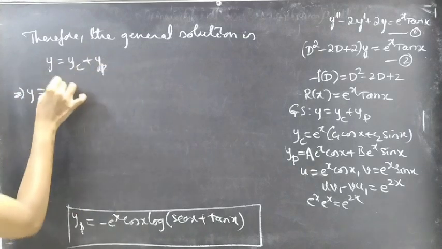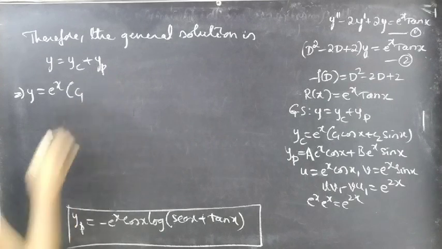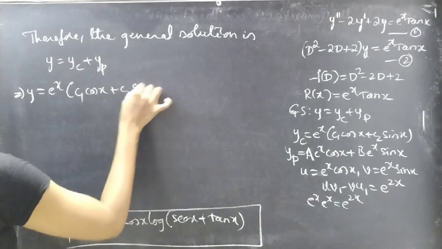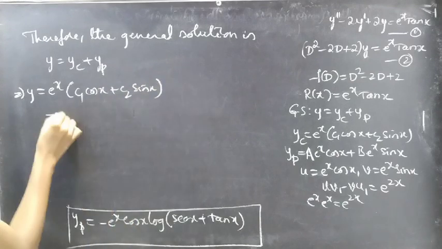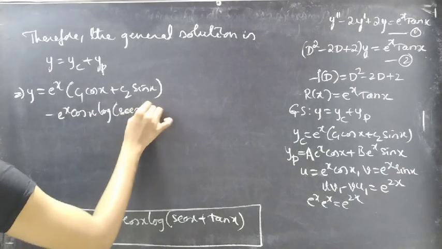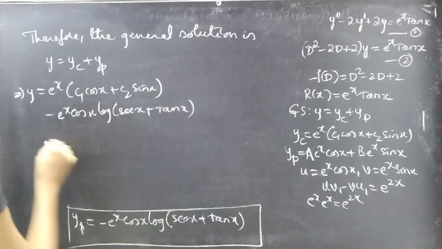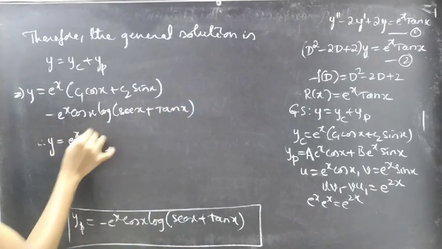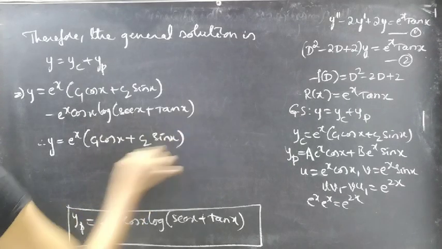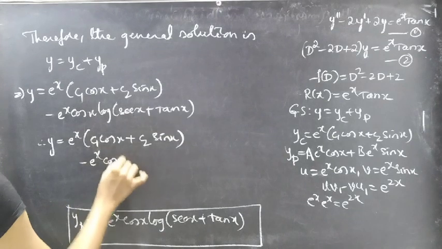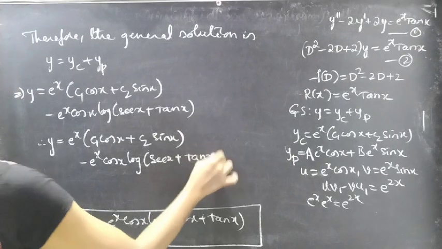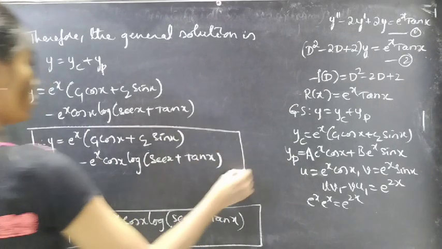Then y equals yc, which is e power x of c1 cos x plus c2 sin x, plus yp, which is minus e power x cos x log of secant x plus tan x. Therefore, y equals e power x of c1 cos x plus c2 sin x minus e power x cos x into log of secant x plus tan x is the required solution to our problem.